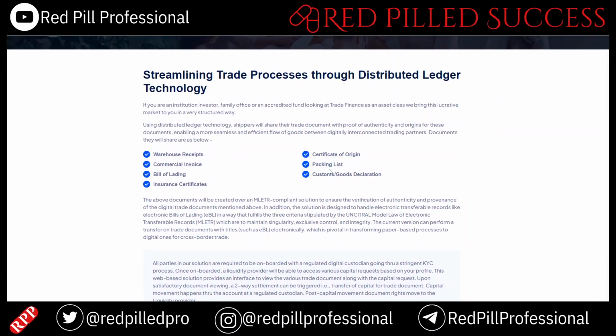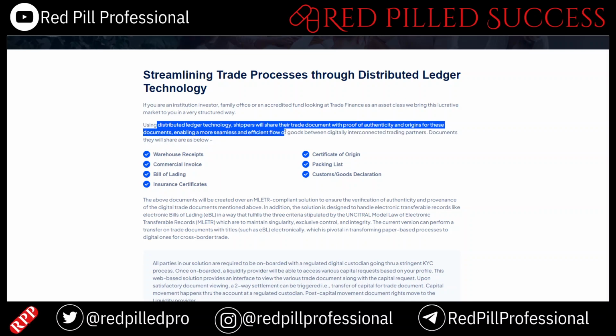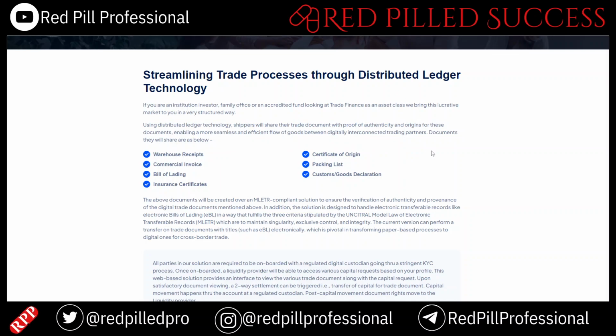So they are concentrating on DLT in the shipping and cargo space that has a trade document with proof of authenticity and origins, enabling a more seamless and efficient flow of goods between digitally interconnected trading partners, such as receipts, invoices, bills of lading, insurance certificates, certificates of origin, packing list, and customs and goods declarations as well.